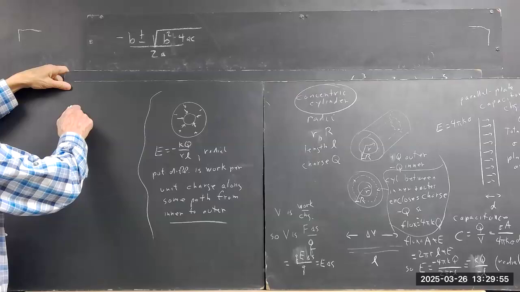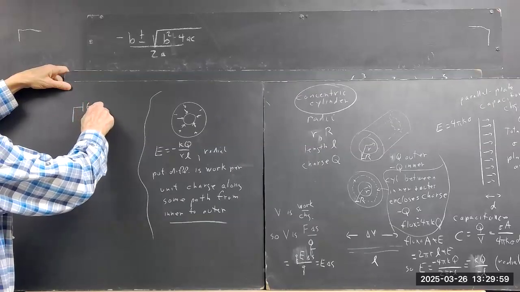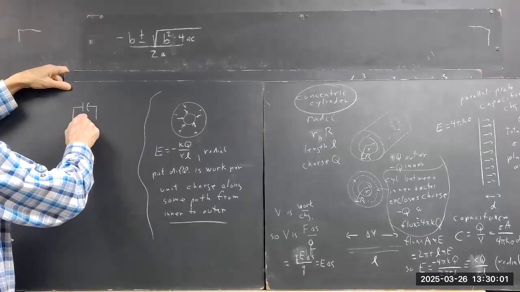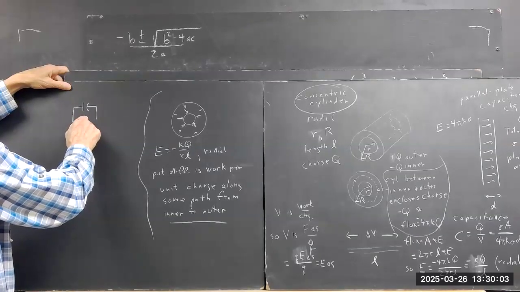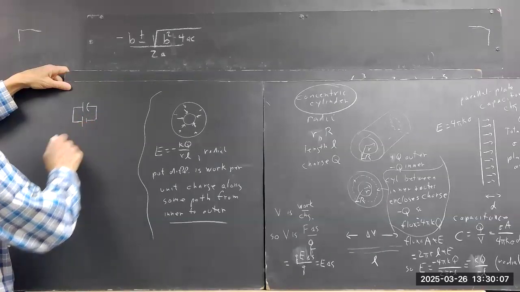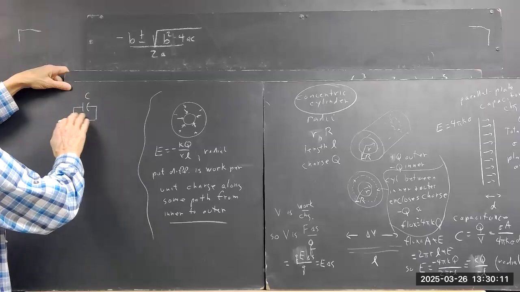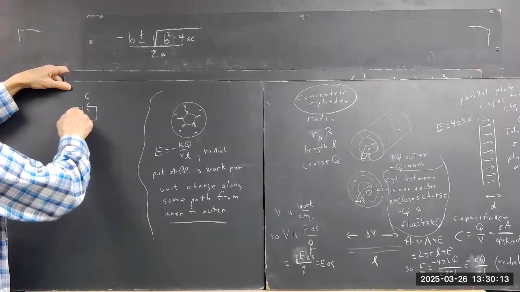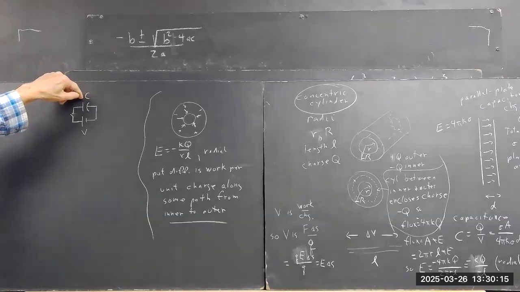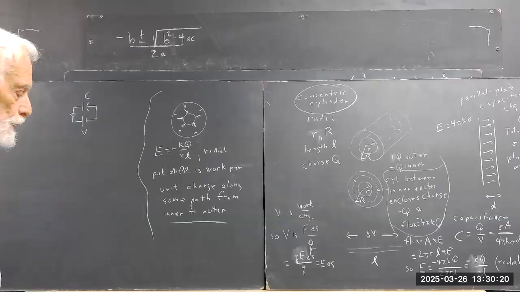So now we're going to have capacitors in a circuit, some kind of a source. Here's a capacitor. Here's our voltage with a switch. Close the switch, the capacitor starts charging.